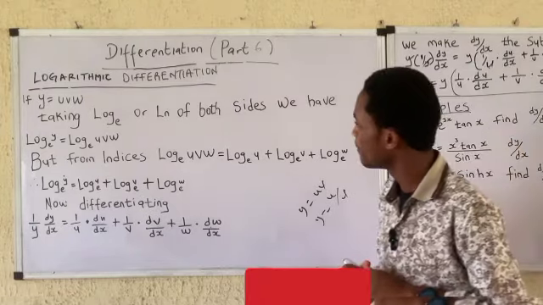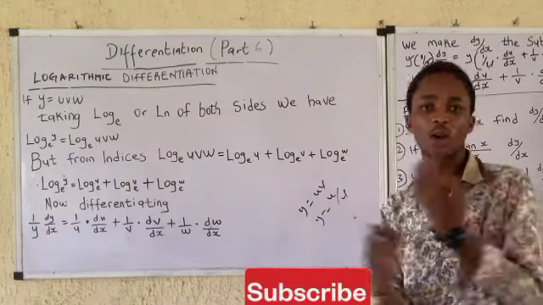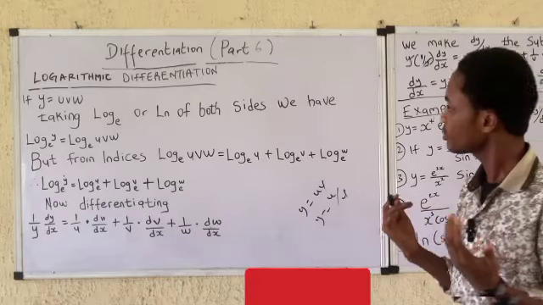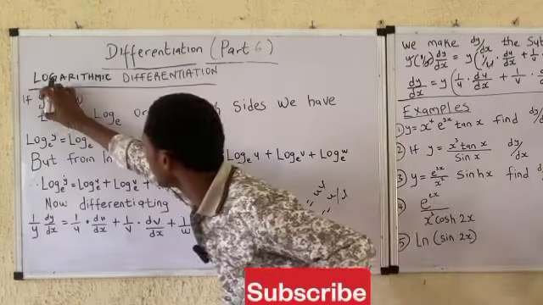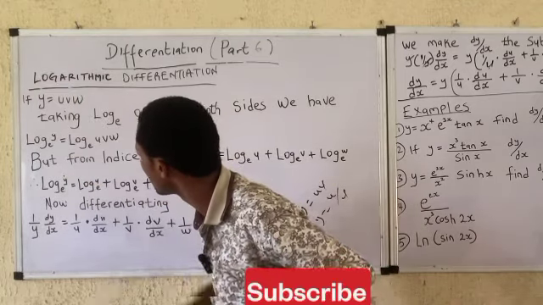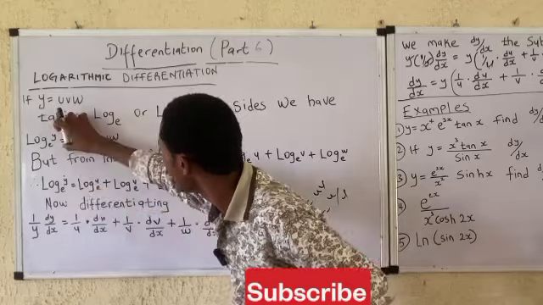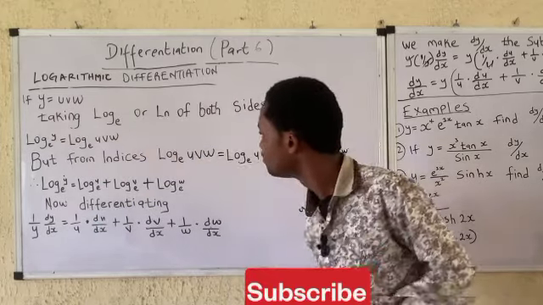Regarding this kind of question, we're going to take log of both sides. Taking log, or natural log, of both sides, taking log of this one will lead us to log e y equals log e uvw.